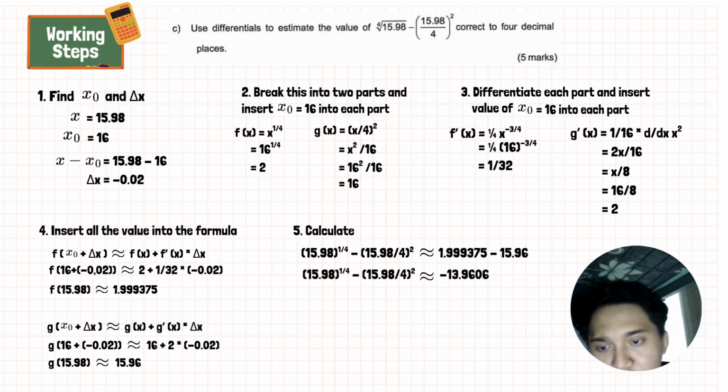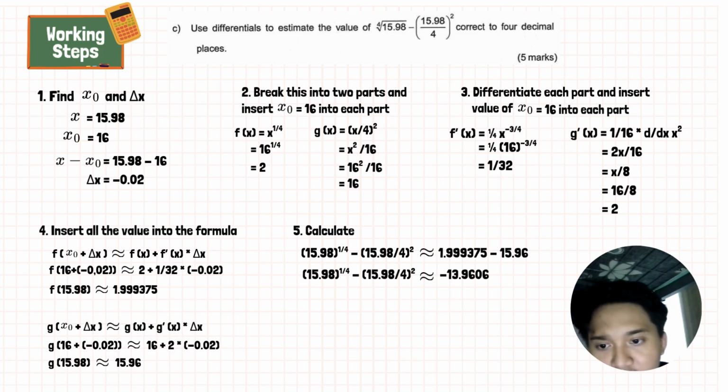And then for the fourth step, we have to insert all the values into the formula, which is f(x0 plus delta x) approximately equal to f(x0) plus f prime(x0) times delta x. We get f(16) plus 1 over 32 times negative 0.02, and we get 1.999375.